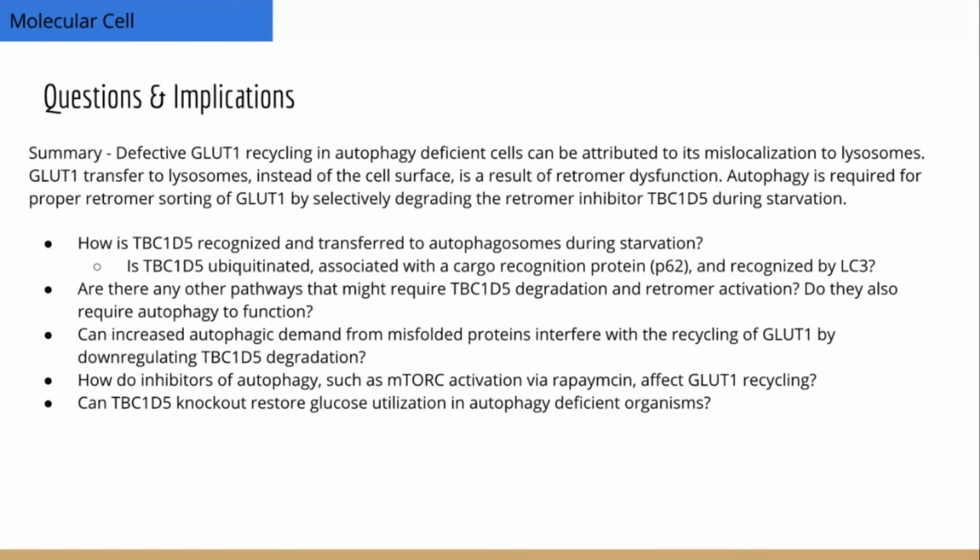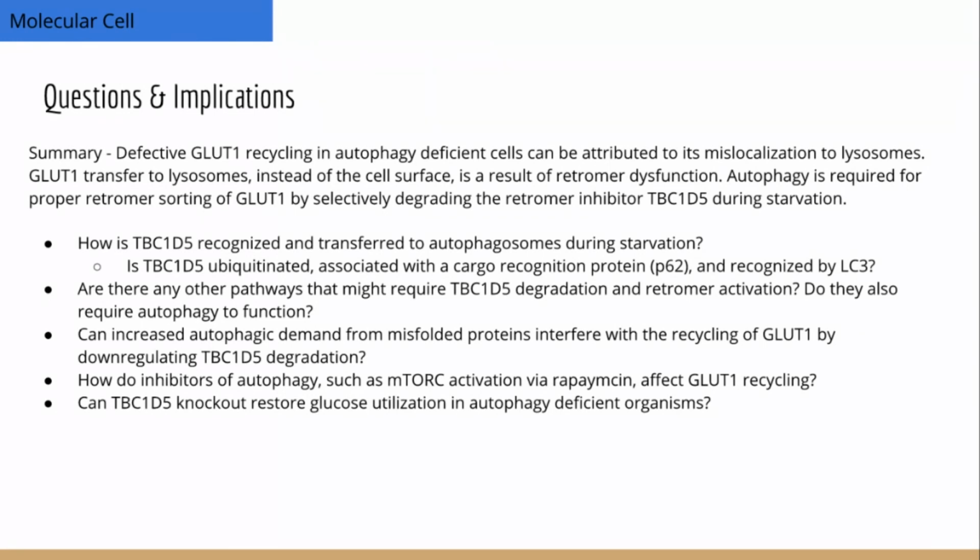And in these autophagy deficient cells, when TBC1D5 is downregulated by shRNA, it basically restores GLUT1 localization to the membrane. And also, previous research has already shown that the retromer is important for GLUT1 recycling.